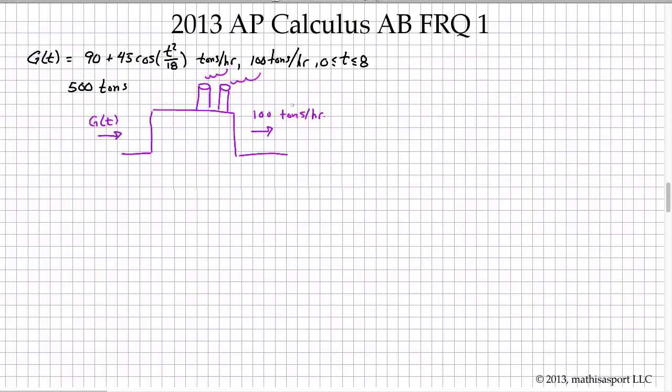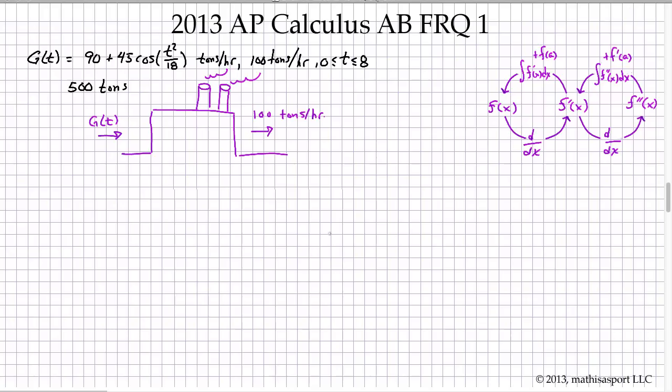So the setting for this problem is really understanding that this is an application of the fundamental theorem of calculus. And what we really have to do is understand what is playing the role of f double prime of x, f prime of x, and f of x. The key is in seeing that g of t is a rate. This is not how much gravel has arrived. This is how fast the gravel is arriving.